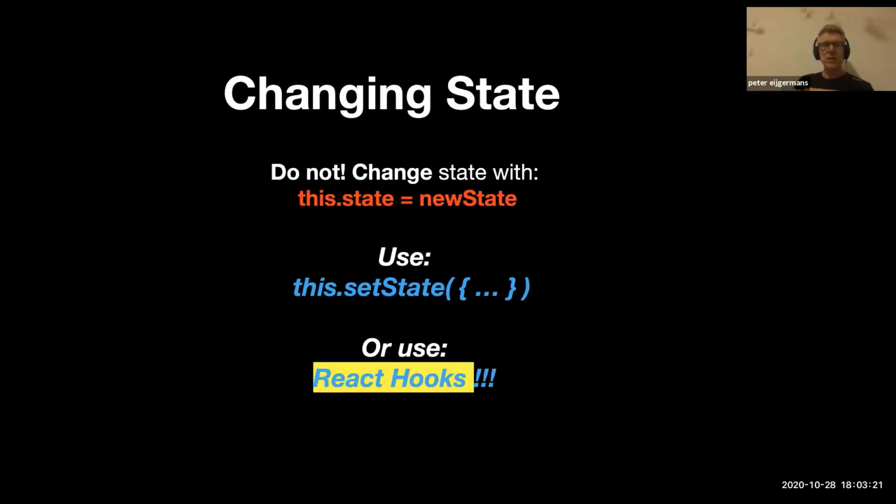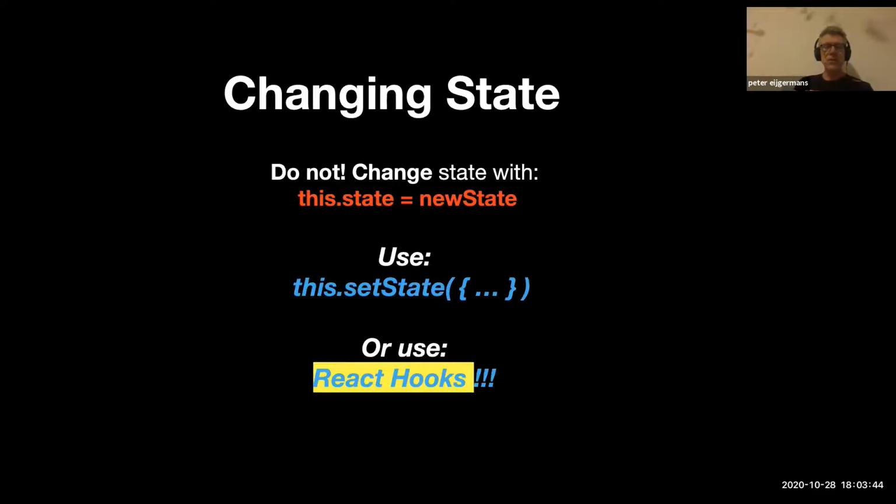How do we change state in React? That is quite different. Do not change state like in Vue, like this.state equals new state, but use the this.setState function. This is the only way that you can re-render your template.